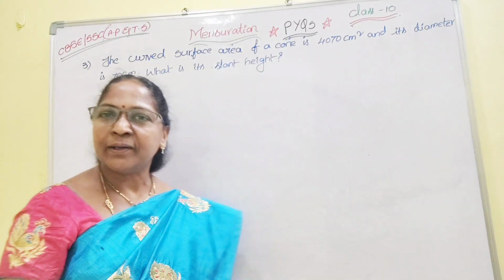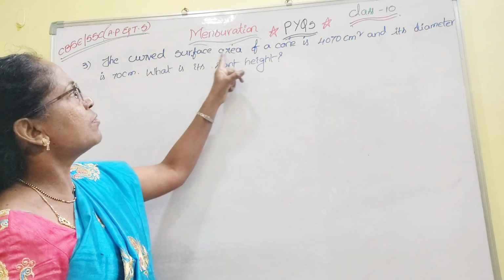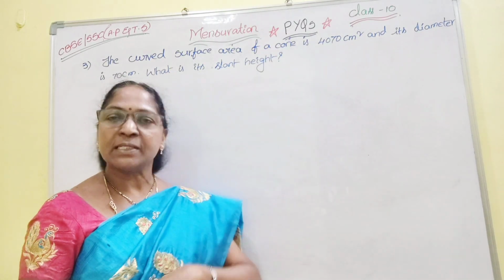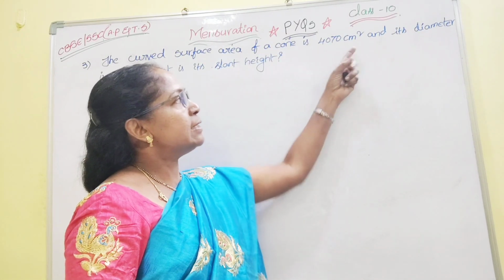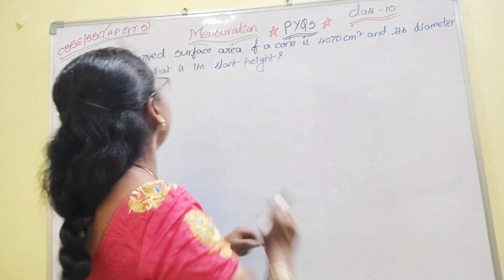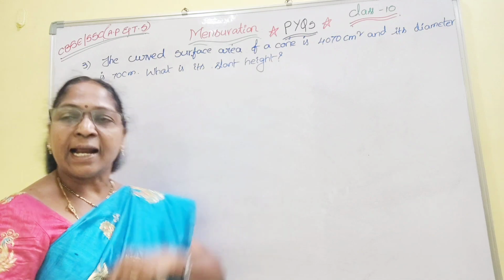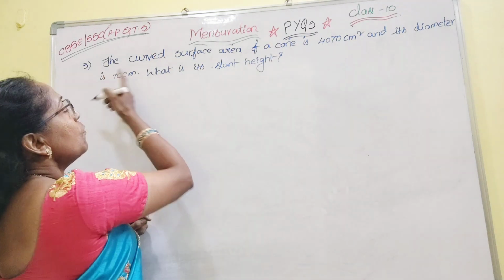Next most important question is here: the curved surface area of a cone is 4070 centimeter square and its diameter is 70 centimeters. What is its slant height? That is the question. So what is given here?